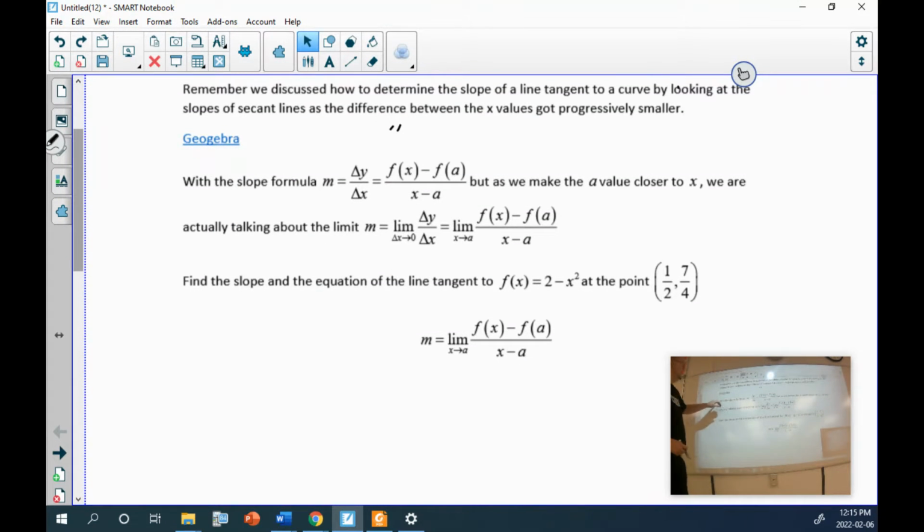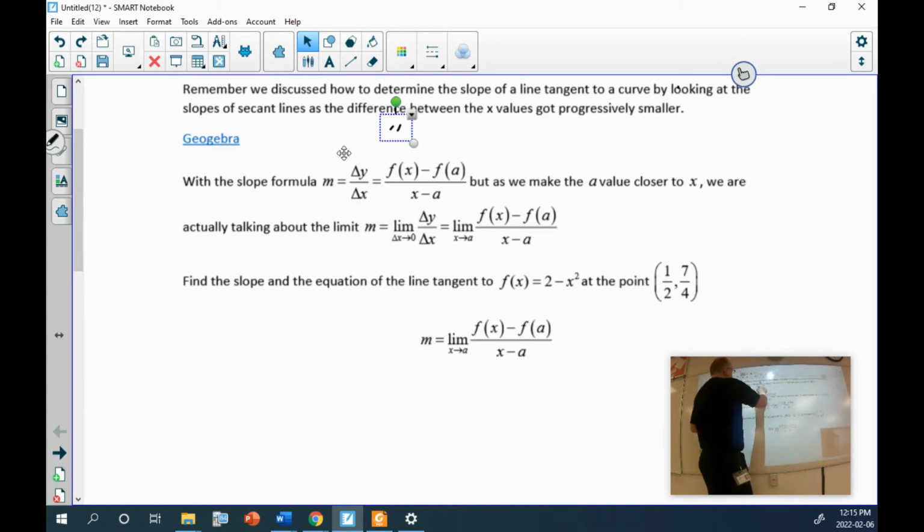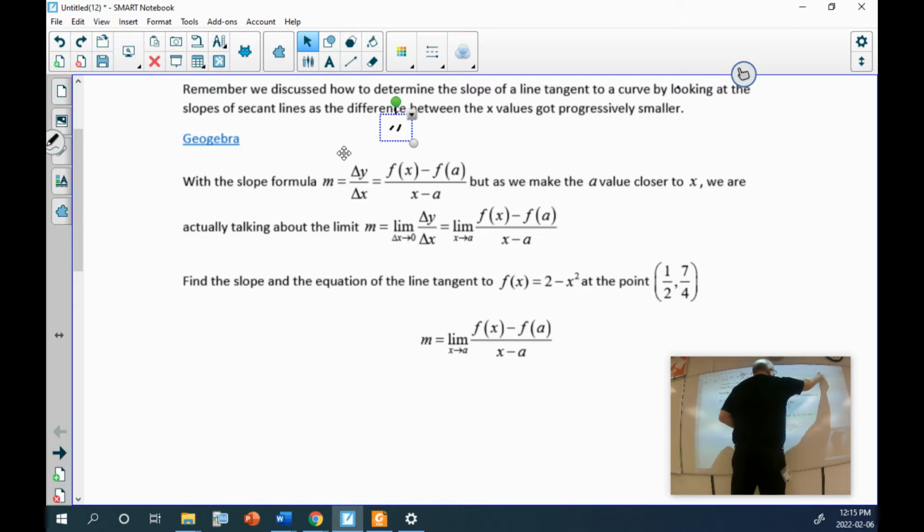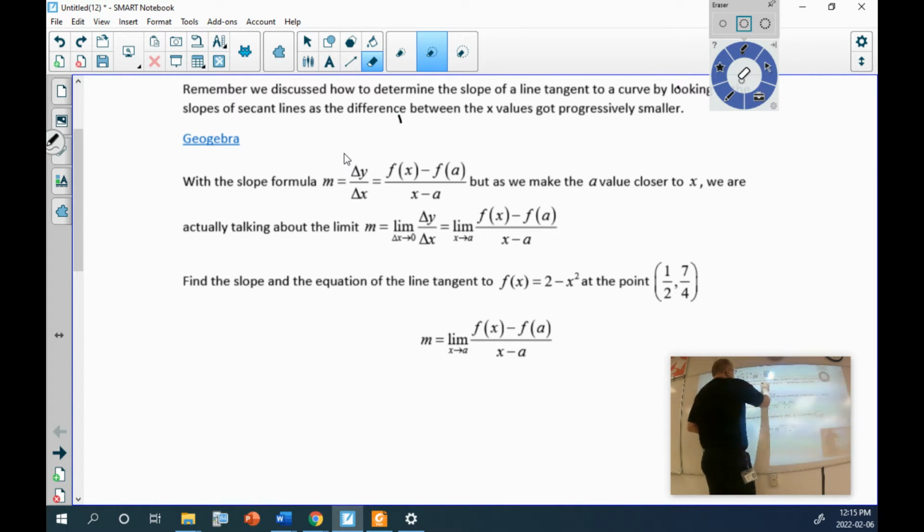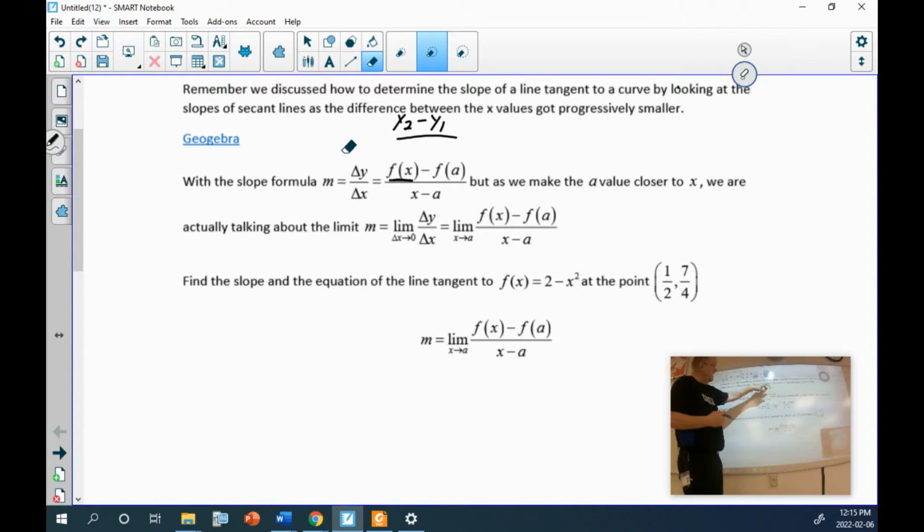Okay. The slope formula is delta y over delta x. Now, instead of y1 and y2, so this would be y2 minus y1, f of x is our function. That's our y2 point, and y1 is our f at whatever point we're looking for.